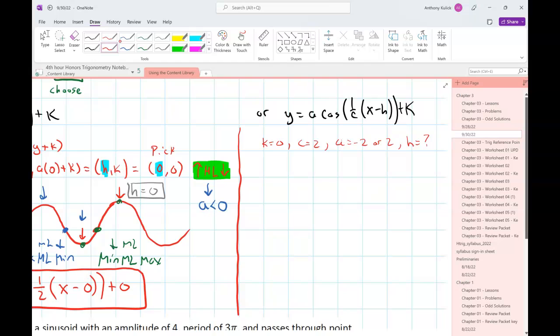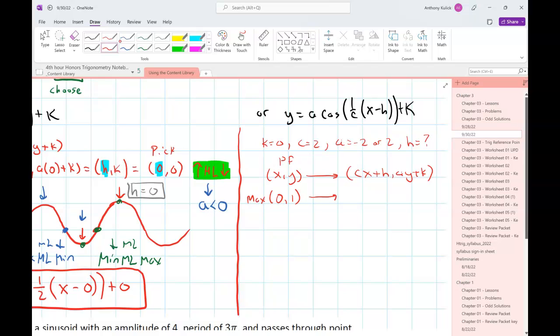We're going to do the same thing, though. We're going to take a point from our parent function and map it to some point in our transformed function. And as I heard Nolan already suggesting, the point that he wants to use is the point (0, 1). What type of point was (0, 1) on our cosine function? That is a maximum.